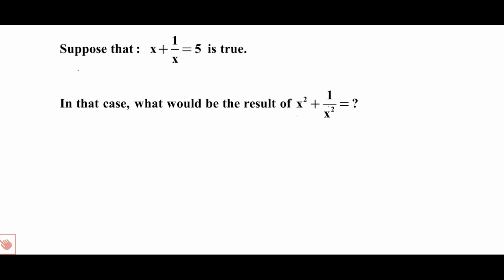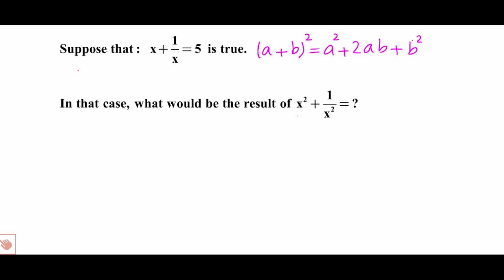It means a plus b whole squared is equal to a squared plus 2ab plus b squared, or a minus b whole squared is equal to a squared minus 2ab plus b squared.